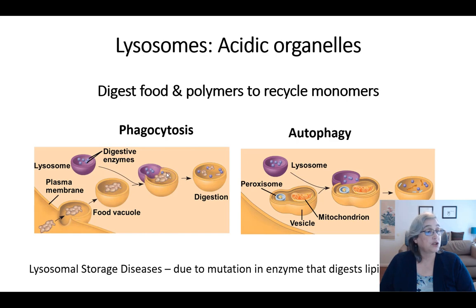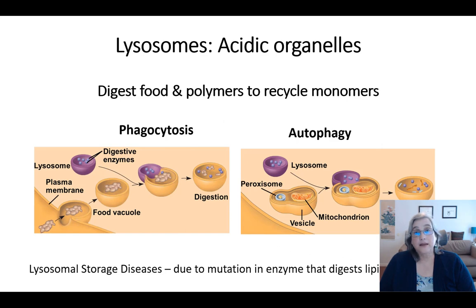These enzymes digest this piece of food into small parts that can be used by the cell. So proteins are broken down into amino acids, and complex carbohydrates are broken down into monosaccharides, right? Fats are broken down. Whatever the molecule is, it's broken down so the cell can reuse those things.